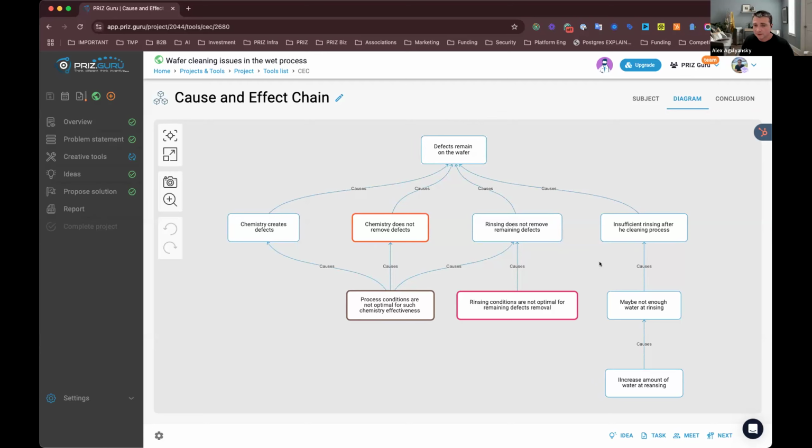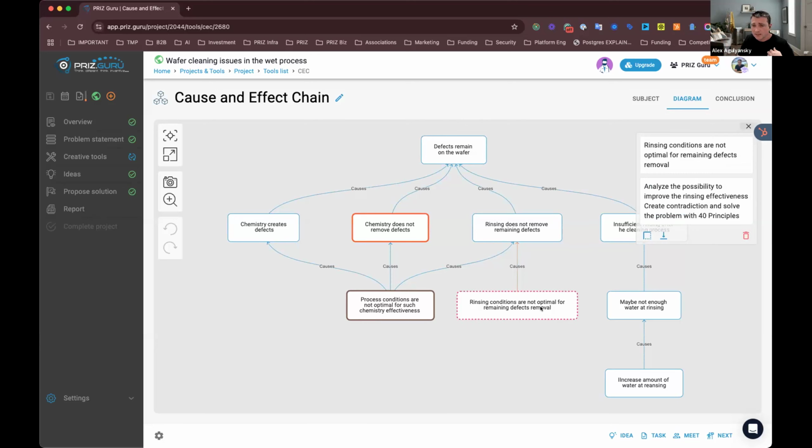We dig as much as we need to understand the problem and the causes, and leave notes if you need to.